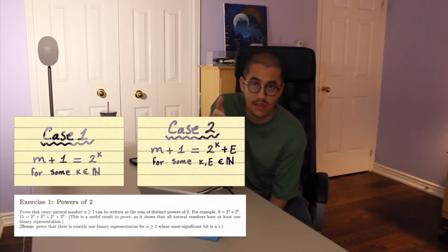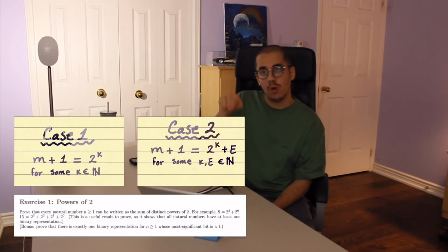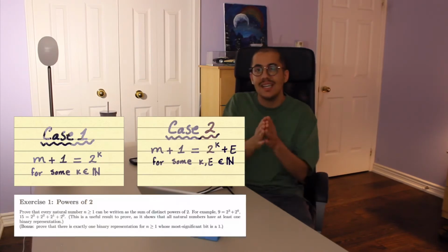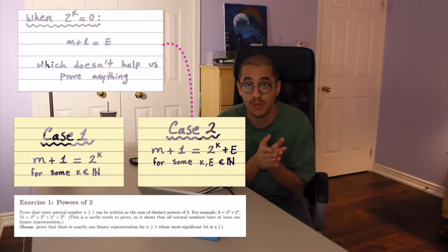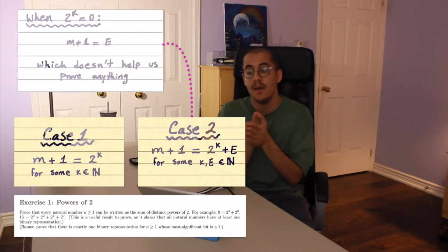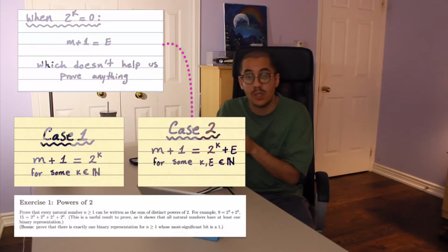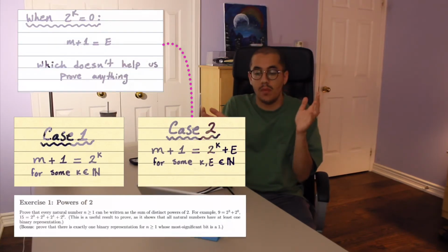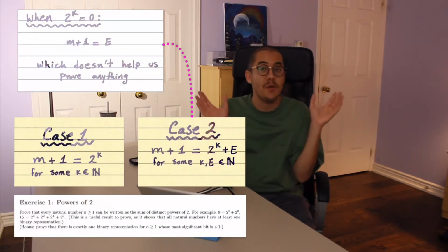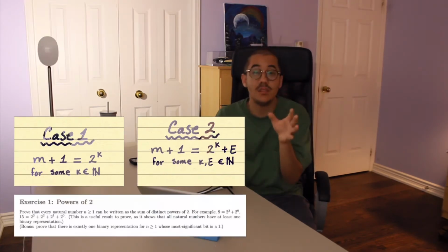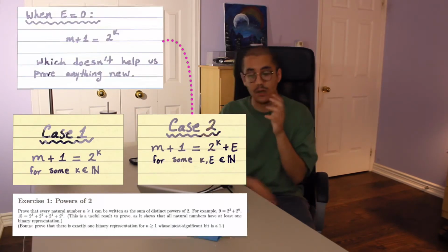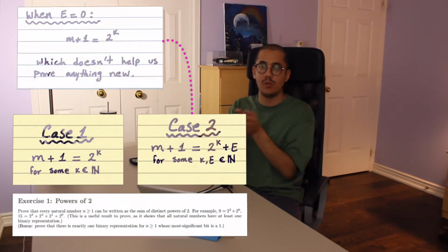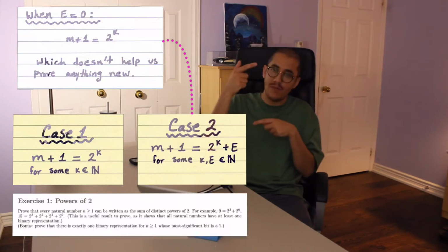So the e right here, if you really think about it, because we already know m is a sum of distinct powers of 2, m plus 1 equals 2 to the power of k plus e. 2 to the power of k cannot equal 0, and it also can't be that e is 0, because then m plus 1 equals 2 to the power of k, which we already proved in our first case.